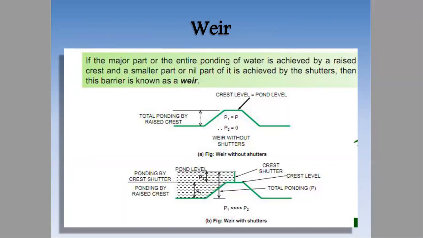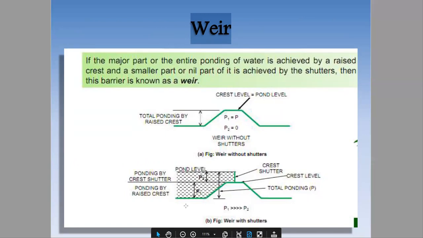Here you can see with an example that these structures are raised with crest and there is no gate arrangement. But in the second diagram, you can see there is a gate, but still the major portion has raised crest. So this will be a weir too. The difference between them is that one has nil part as shutters, but the other has some portions, still the major portion is raised crest.